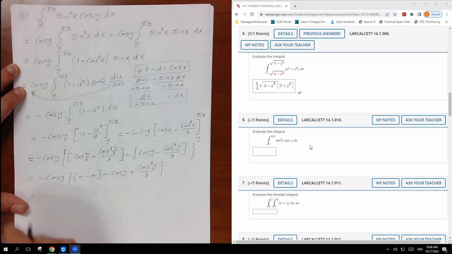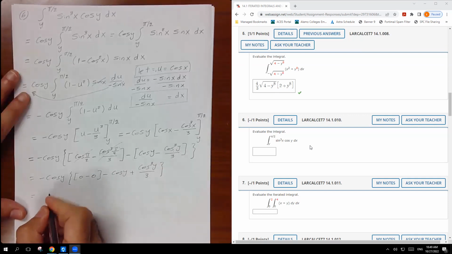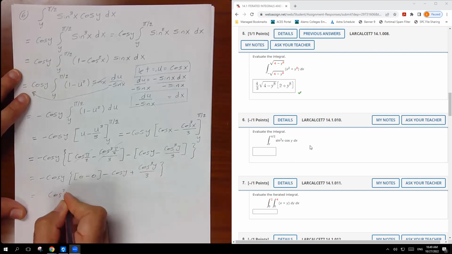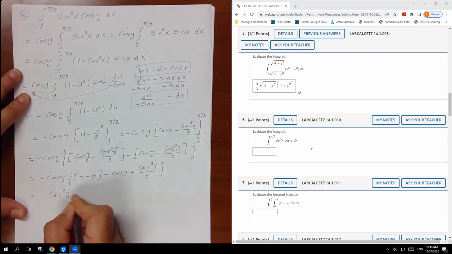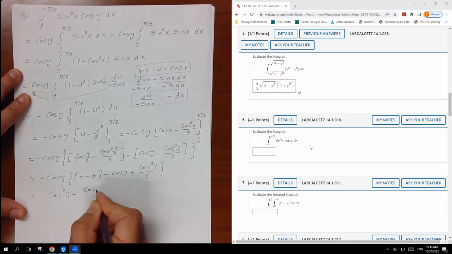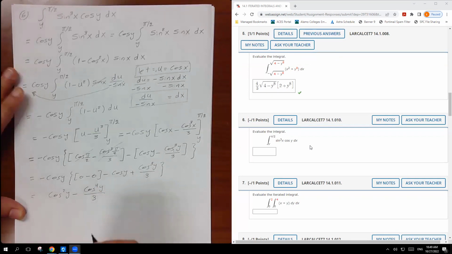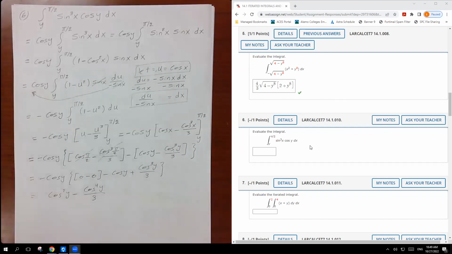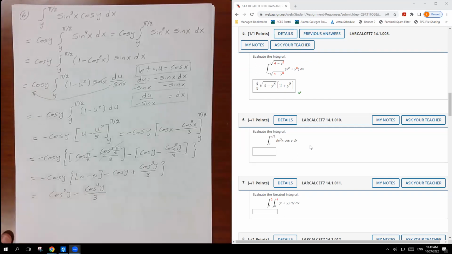Now, distribute this cosine, so it's going to be cosine squared y minus cosine to the power 4 y over 3. I think we can't simplify it anymore, so this one is going to be the solution.